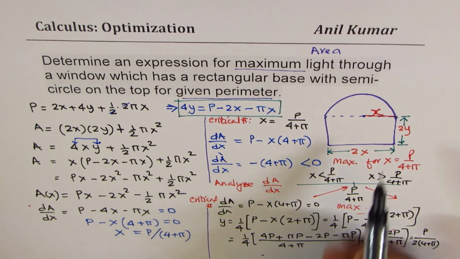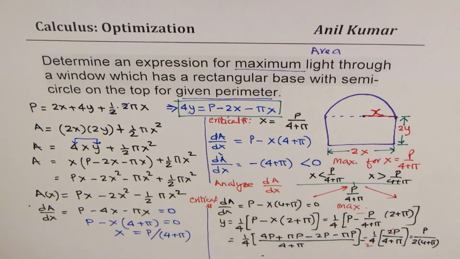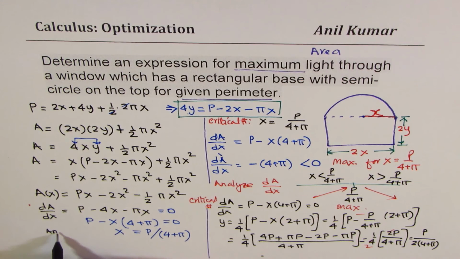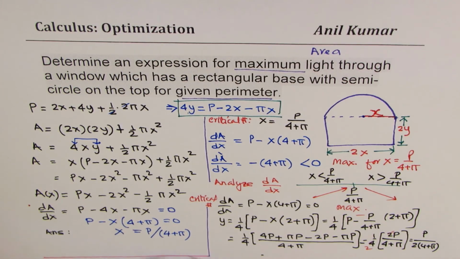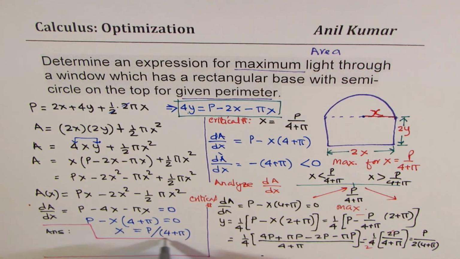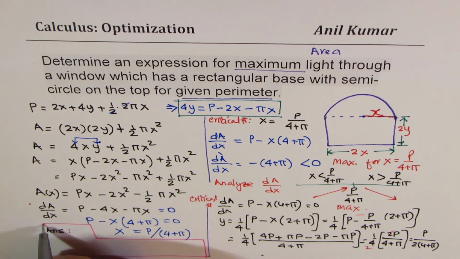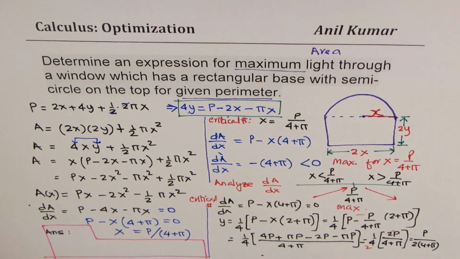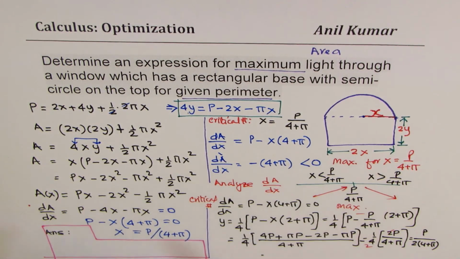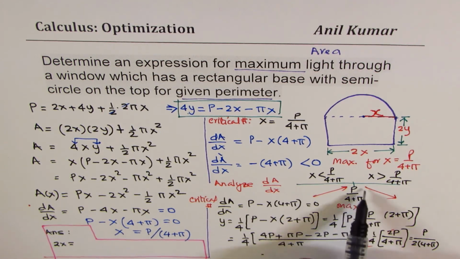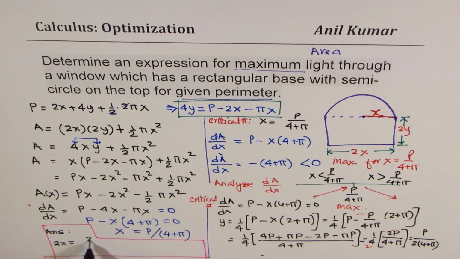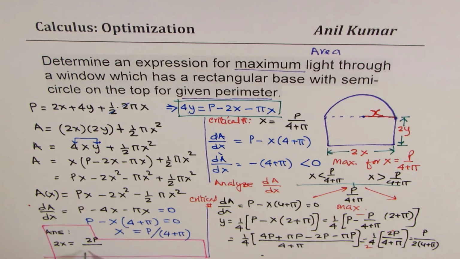So as I said, the dimensions are 2x and 2y. Let me write down our answer here now. Let me put a circle. Let's say this is the space in which I'm going to write down my answer. So what we get here is our dimensions are 2x. So what is 2x equal to? Twice this, right? So it is 2p over 4 plus pi.